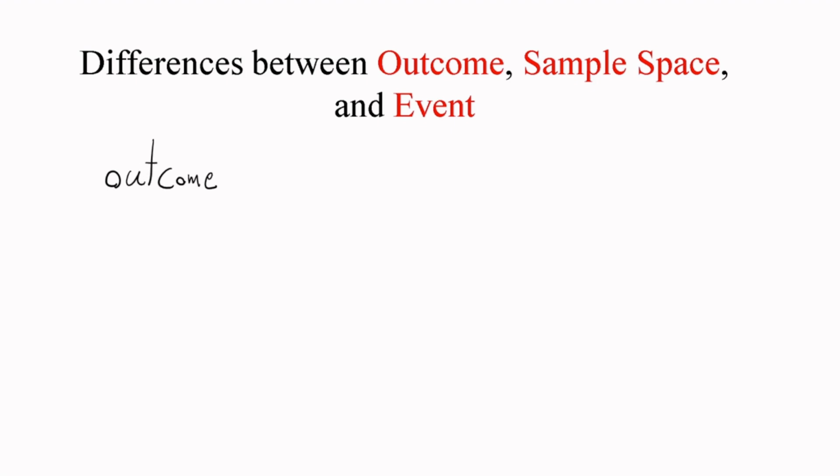It is a single possible result of an experiment. For example, if I roll a die, 2 is an outcome because it is possible to have 2. 4 is an outcome because it's possible to have 4, but 7 is not an outcome because it is not possible.